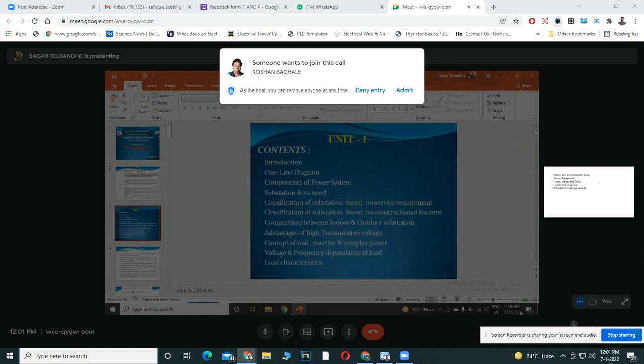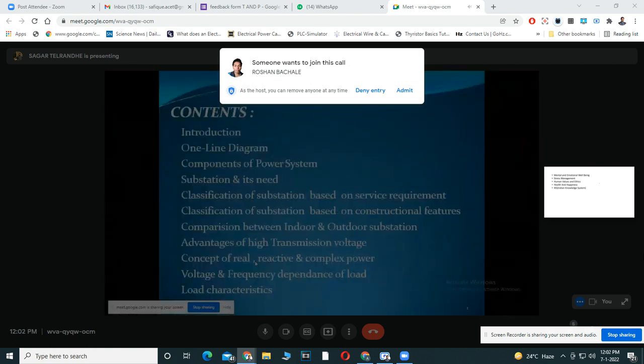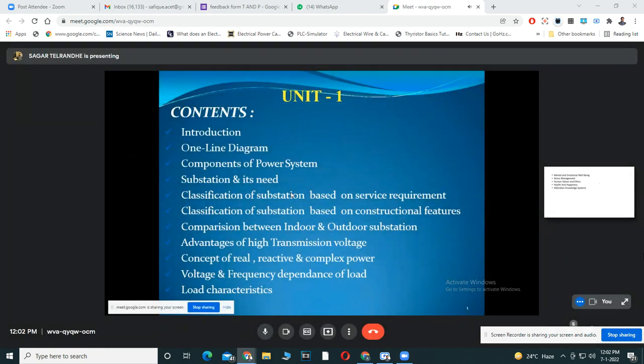In the first unit, we studied the single line diagram of the complete power system, the components of the power system, classification of substations based upon service requirements, classification of substations based on constructional features, comparison between indoor and outdoor substations, advantages of high transmission voltages, and concepts of real, reactive, and complex power. We also studied the voltage and frequency dependencies of the load, and the most important part of the first unit was the load characteristics, that is the variation of load with respect to time.